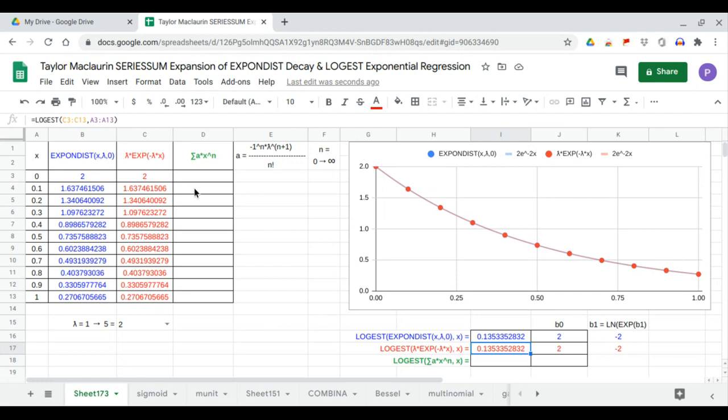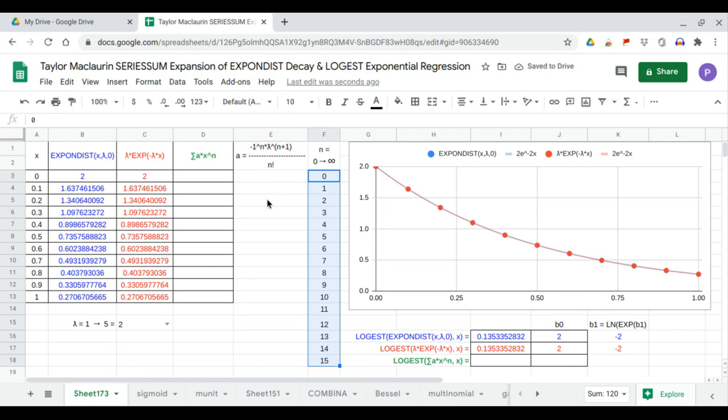Next, we calculate the Taylor-Maclaurin SERIESSUM expansion, where it's the summation of a times x to the power n. And this is our a, the coefficient, and our n will start from 0 to infinity. 1, 2, 3. So we can go as far as maybe 15.